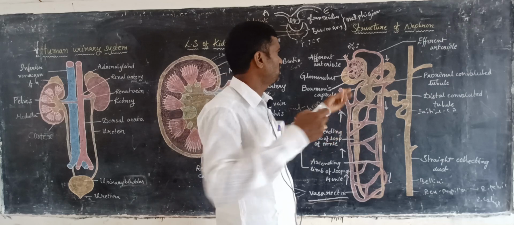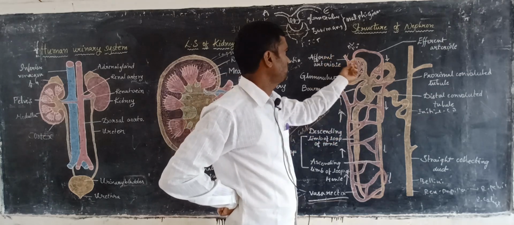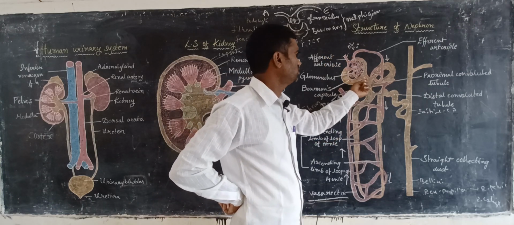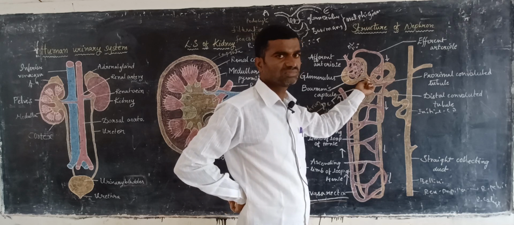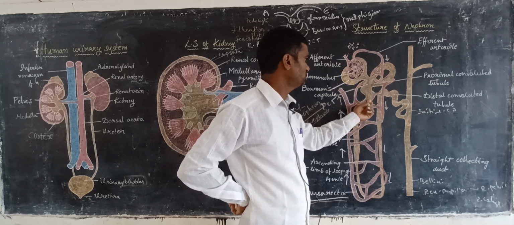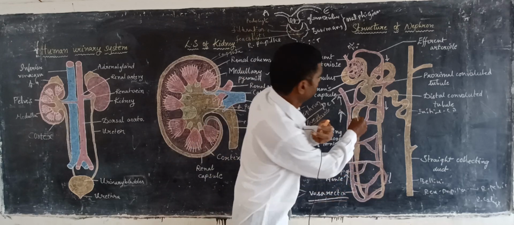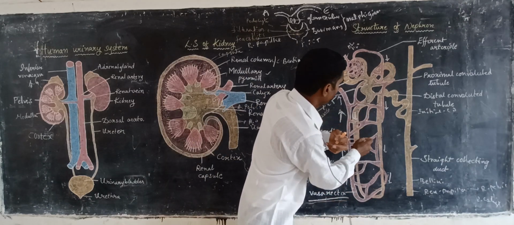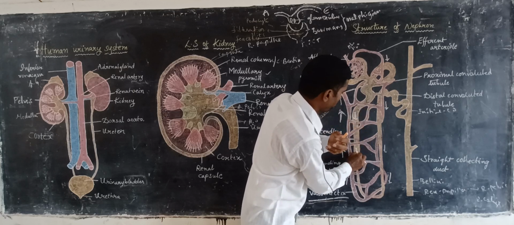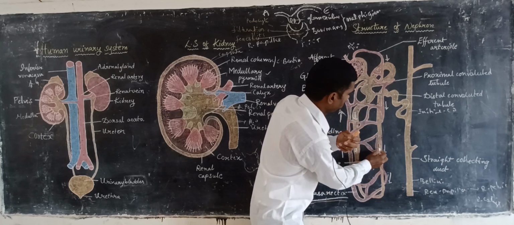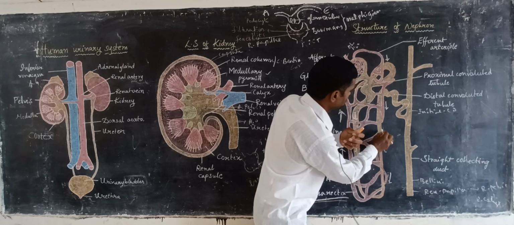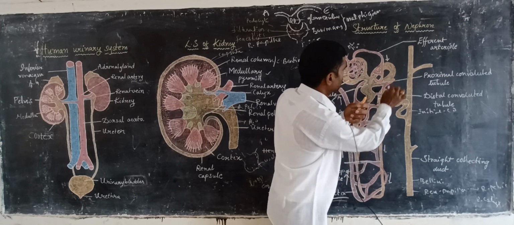See here in this diagram, the afferent renal arteriole leads to the Bowman's capsule. Here it is filtering with the help of cells. When it is filtering, the blood is moving likewise. From the PCT region, it reaches the loop of Henle region. Through the loop of Henle, the urine reaches here.